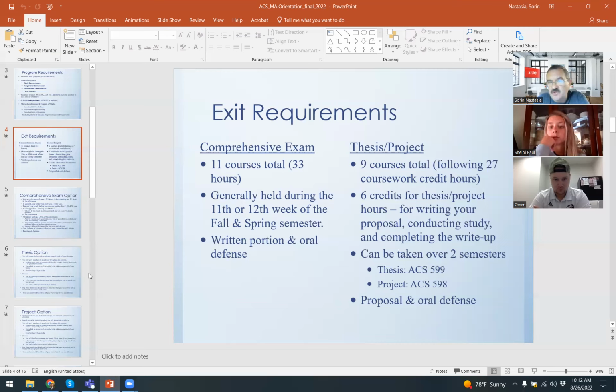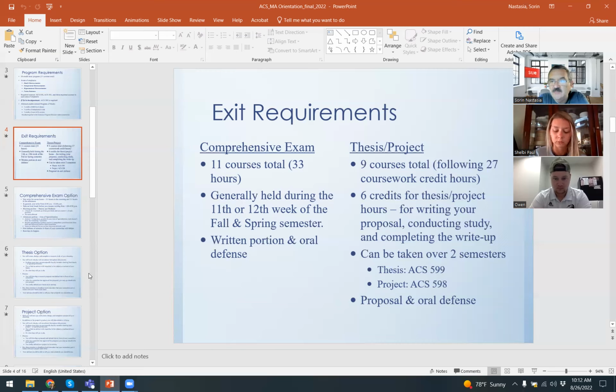For the thesis or project, so these are the second and the third exit options at the end of your master degree, you will have to take 9 courses total before that, so 27 coursework credit hours. Then 6 credits for thesis or project hours, 1 in the fall, 1 in the spring, if you are finishing your MA in May, for writing your proposal, conducting the study, and completing the write-up.